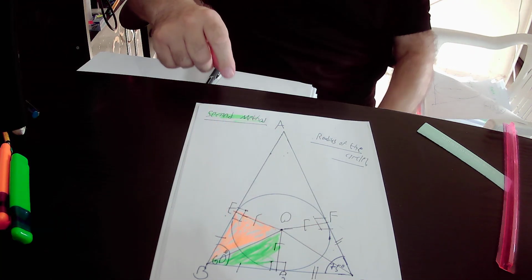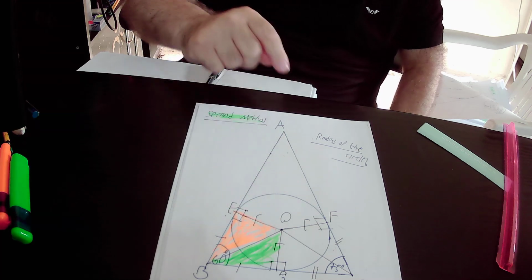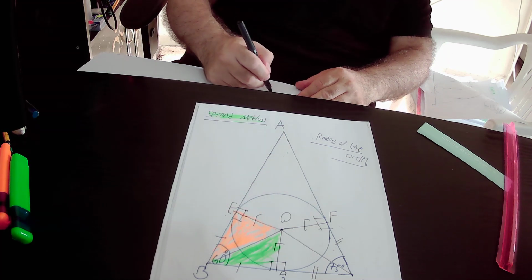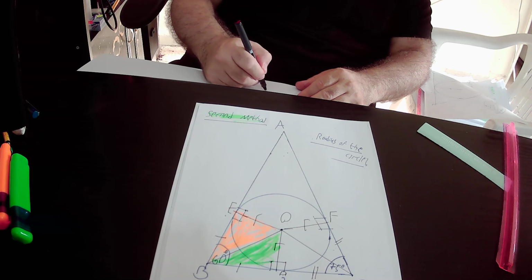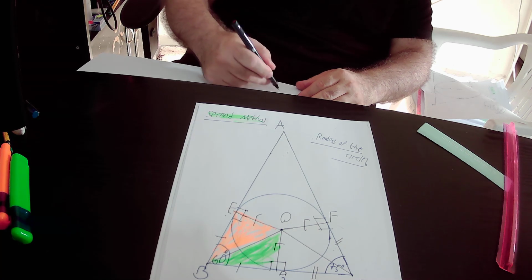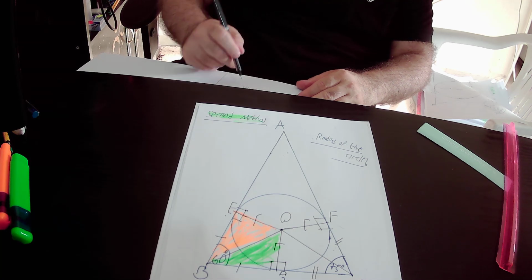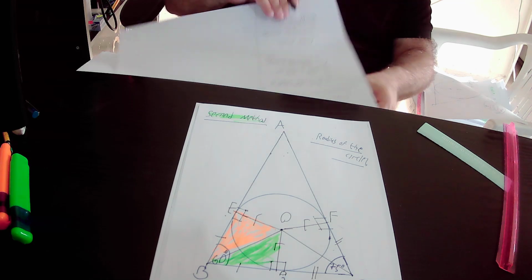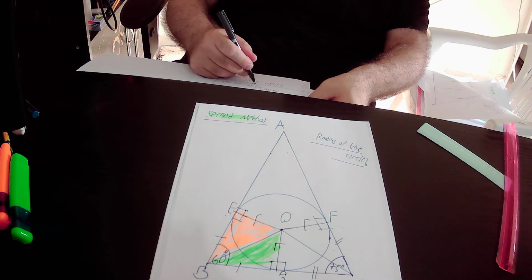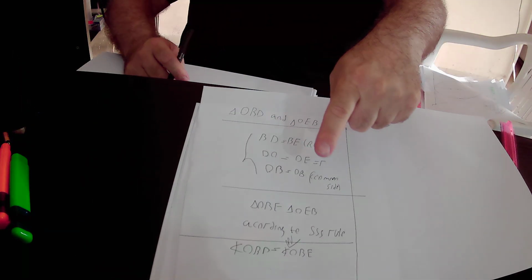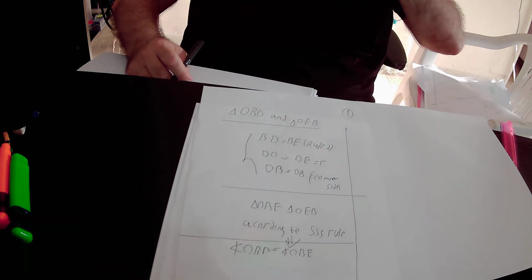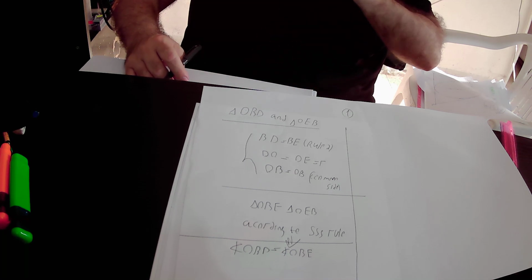So you can write down that angle OBD of the green triangle is equal to angle OBE of the orange triangle. Okay. Repeat again. Angle OBD equals angle OBE according to the rule that corresponding angles in congruent triangles are equal to each other.